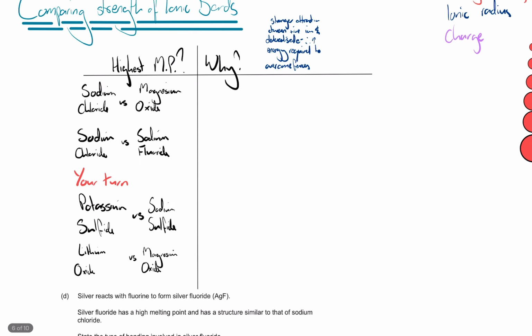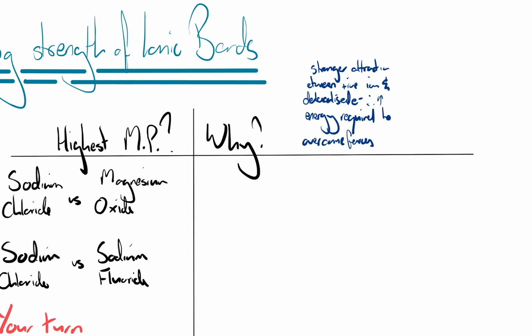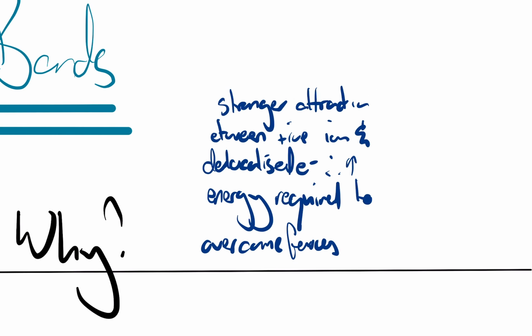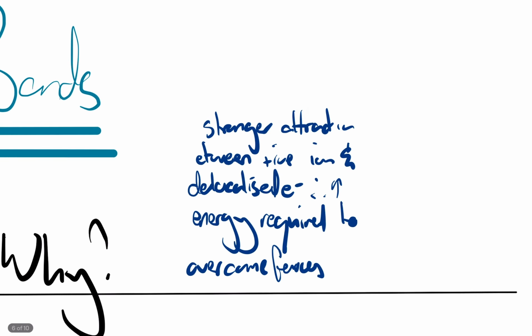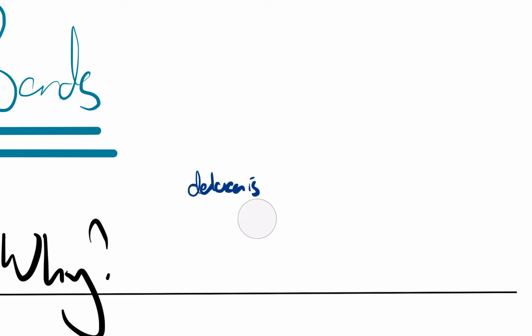Anyway, like I spoke about last time, we can have this blanket ends sentence. So for metallic bonding, we had stronger attraction between positive ion and delocalized electrons, therefore more energy required to overcome the forces. Let's write our little ends sentence for ionic bonding.